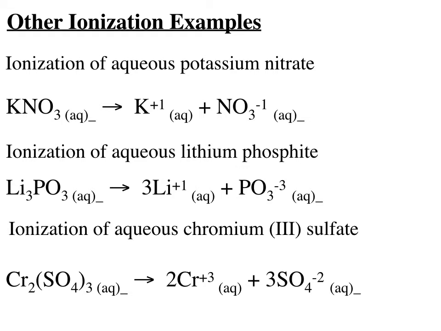Well, what I'm saying is you should be able to tell what charge the chromium is based on the number of chromiums that have to combine with sulfate. Sulfate is always -2, as we see when I dissociated it there.